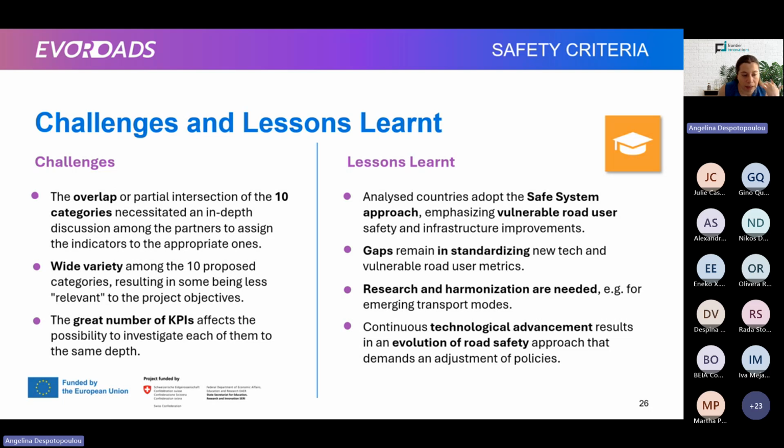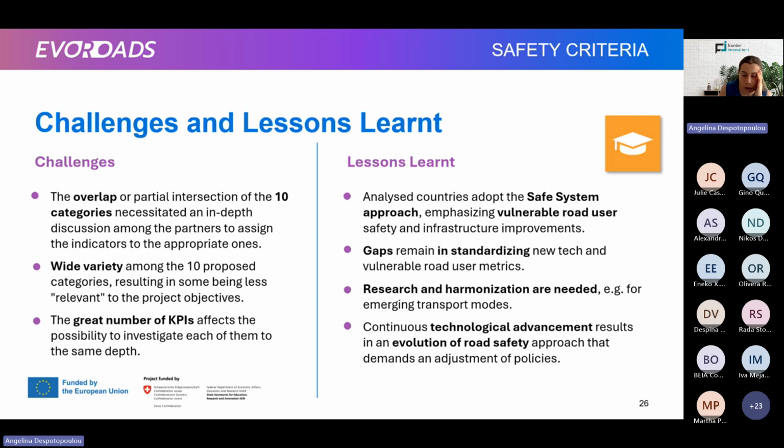There is a wide variety among the 10 proposed categories, and some were less relevant in the end to what they were trying to do. The number of KPIs was great, 124, and then there was a second iteration, so they had the chance to enhance it. So you understand, it was difficult to even write the deliverable at the end of the day.